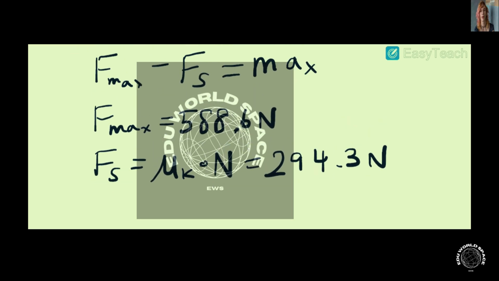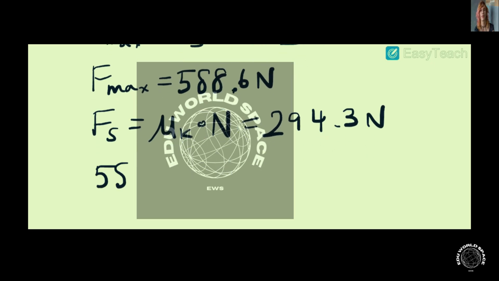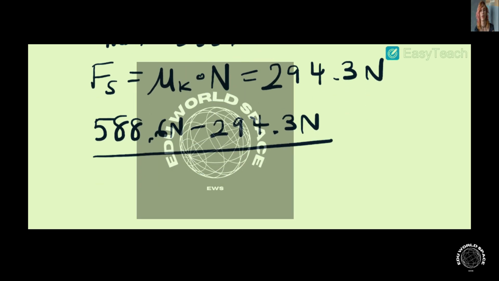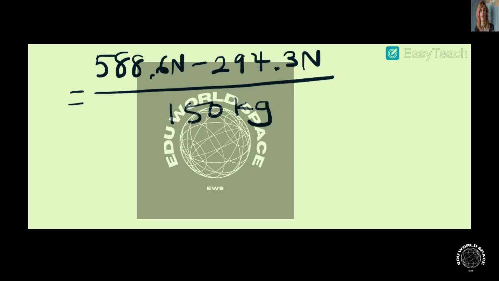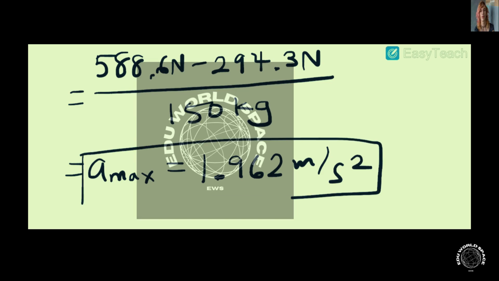Then we can directly solve for AX in this equation and say that this will be equal to 588.6 newtons minus 294.3 newtons divided by the mass of the box, which we know to be 150 kg. And this gives us a maximum acceleration of 1.962 meters per second squared, and that's our final answer.